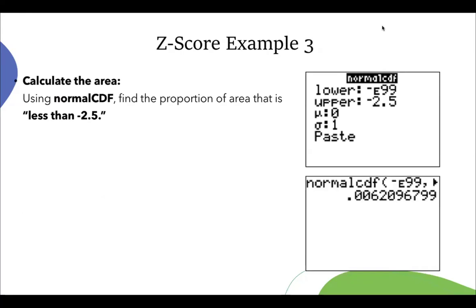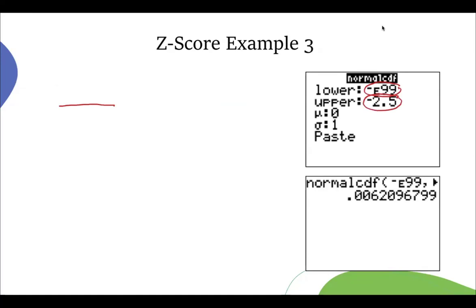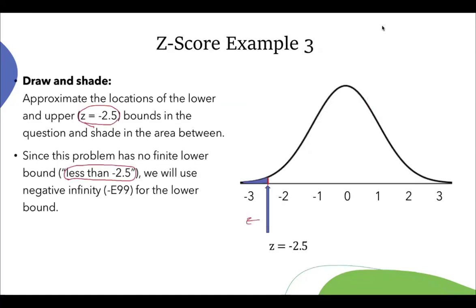So here you go, normal CDF, second distribution, number 2, normal CDF. Your lower is going to be negative infinity, and your upper is negative 2.5. Let me go back to the picture for a second to make sure that you see that. So in this picture, when I shade in this area, the lower and upper bounds are always the left.